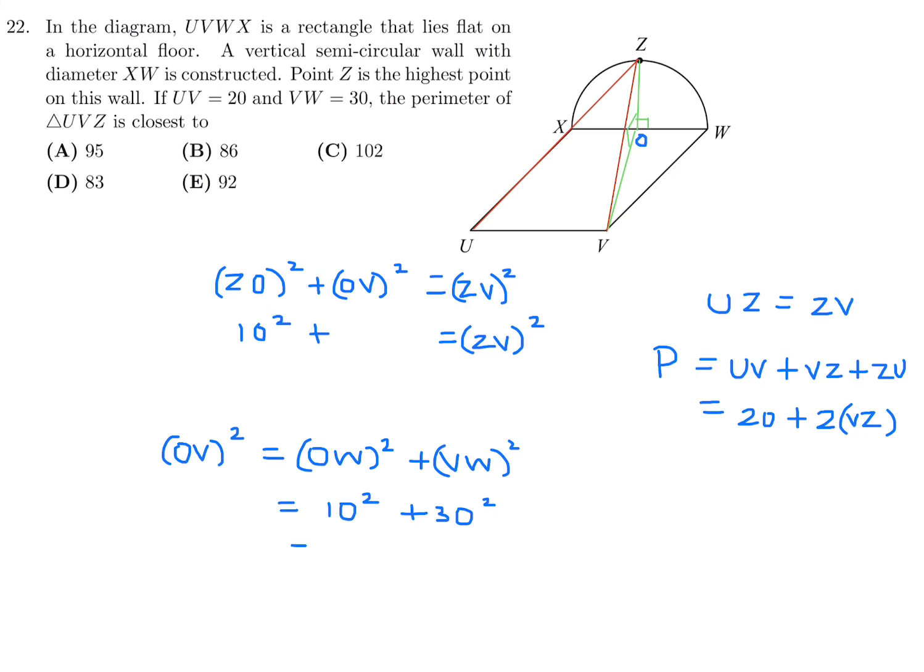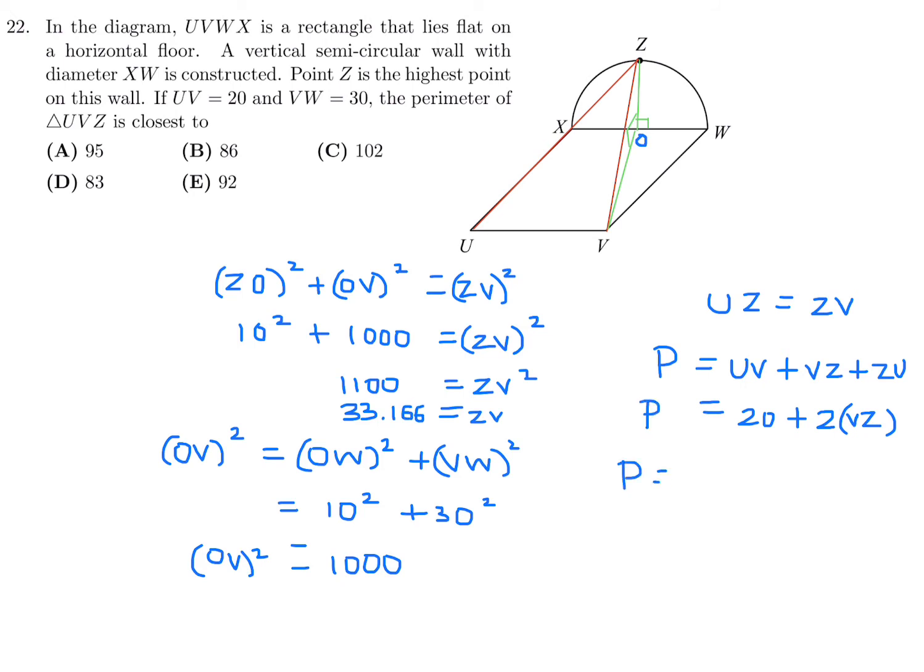So this is 100 plus 900, so 1,000. So there you go. OV squared is 1,000, so put 1,000 right there. So that means ZV squared is 1,100, and therefore ZV, if you take the square root of that, will be approximately 33.166. So we're done pretty much.